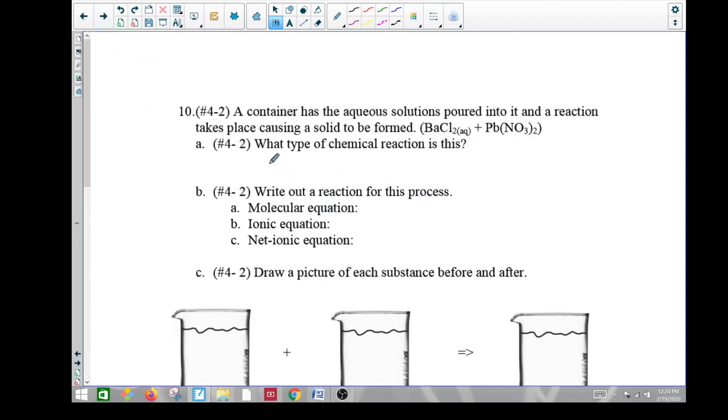All right, so what type of reaction is this? I have a cation, anion, cation, anion. This is going to be a solubility.